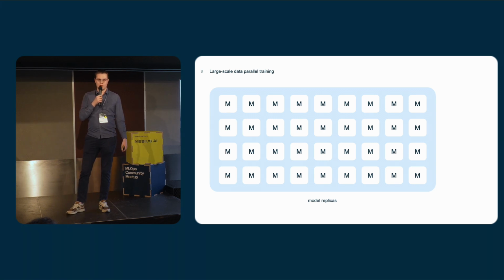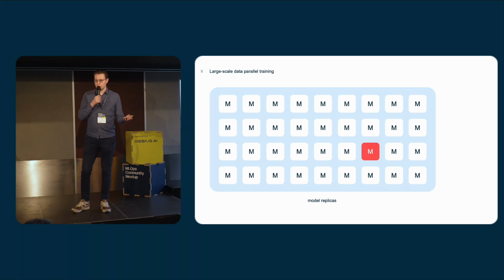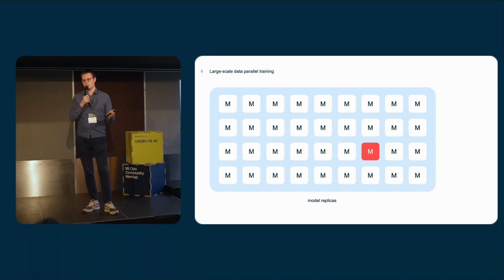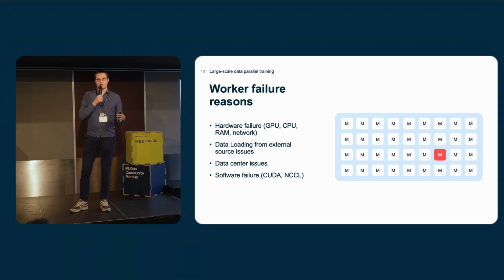And given the long durations usually involved in training very large models, encountering hardware failures is kind of inevitable, and this may stem from various reasons.